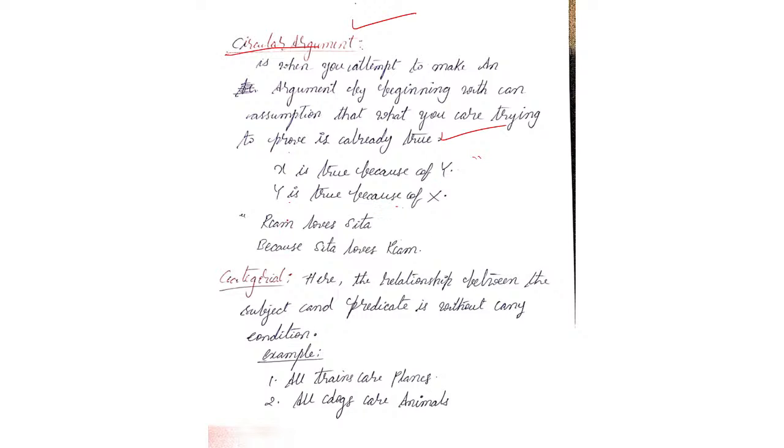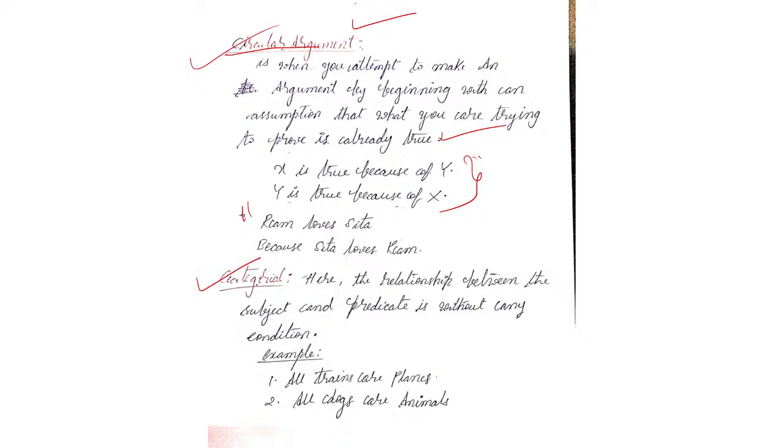I will give an example: Ram loves Sita because Sita loves Ram. Ram is loving Sita because Sita is loving Ram. It is a circle. One is related to the other. Please remember this, this is a circular argument.